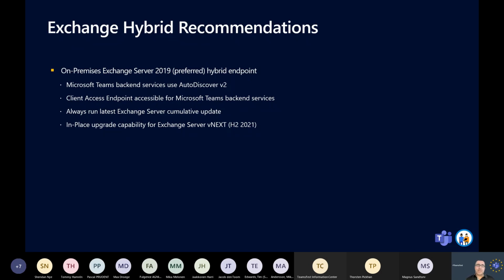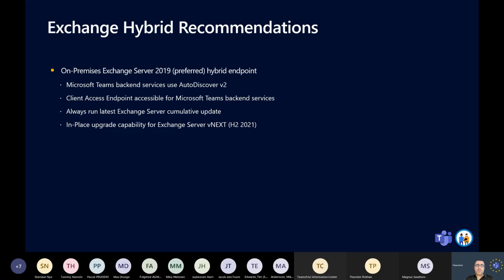Microsoft Teams uses the Microsoft Teams backend services. So the backend services are the Teams components that run Microsoft Teams in the cloud. So not the client, but the backend services. They try to connect to your on-premises endpoint using something called Autodiscover version 2. Autodiscover version 2 does not support Autodiscover redirects currently, but more about this later.